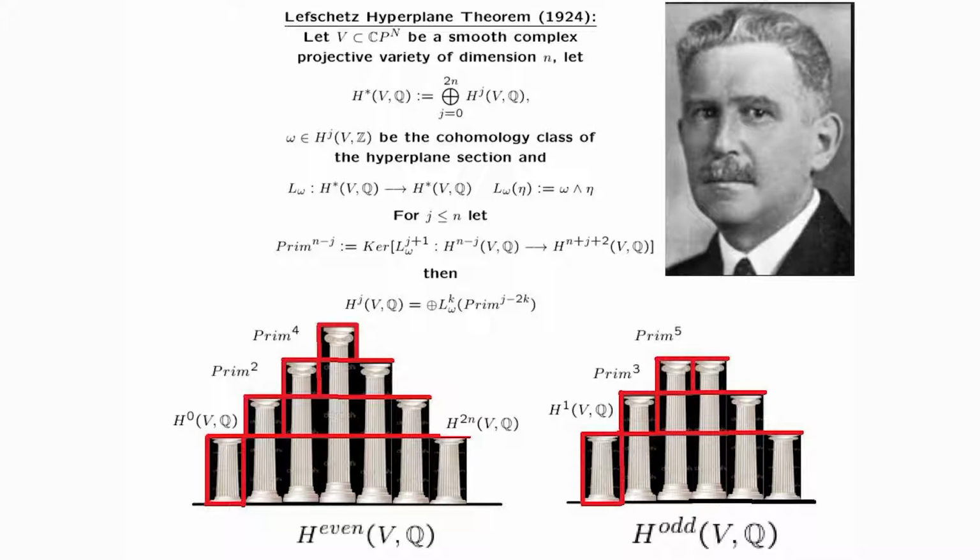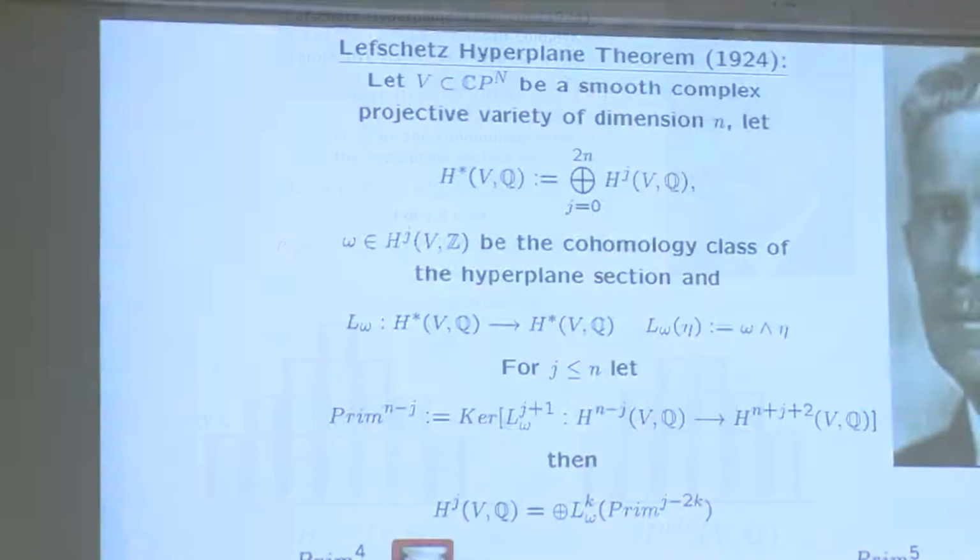And if we represent cohomology by the de Rham cohomology, which means the closed differential forms modulo exact differential forms, then this cohomology class of the hyperplane section is a 2-cohomology class. On CP2, this is j equal to 2.